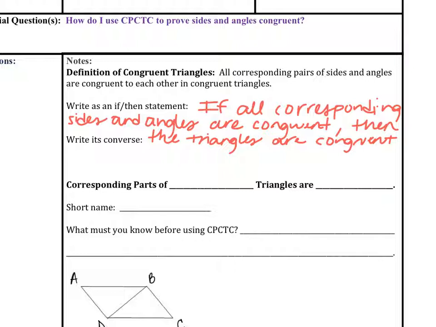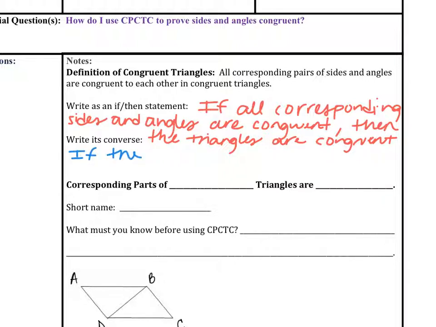Okay, what would be the converse of that statement? Make me real proud if you remember what the converse is. Sophia, go ahead. If the triangles are congruent, then the corresponding sides and angles are congruent? Yes. Flip the statement. So switch the order, and then you have the converse.